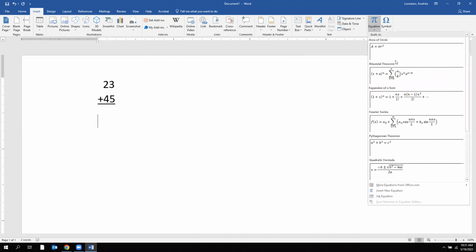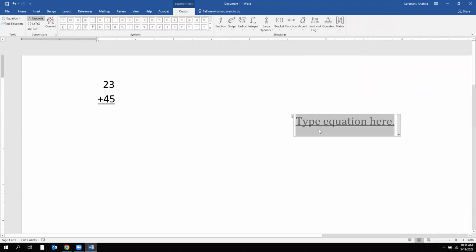And this time we want to insert a new equation. So it's putting it in the middle of the page, but I'll tell you how to get rid of that.